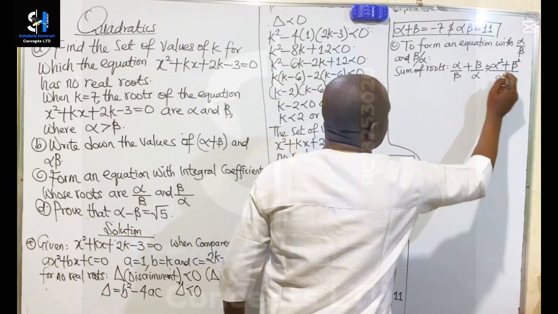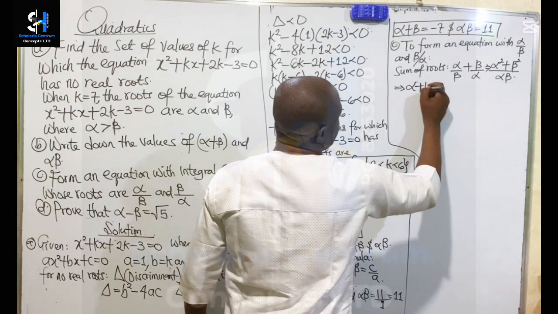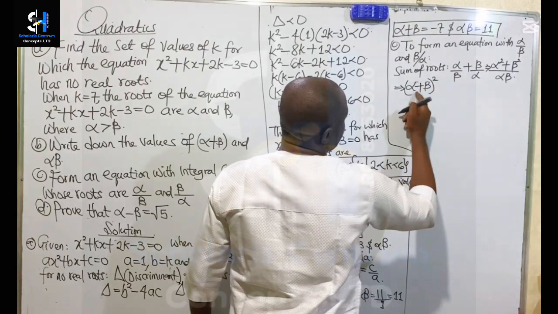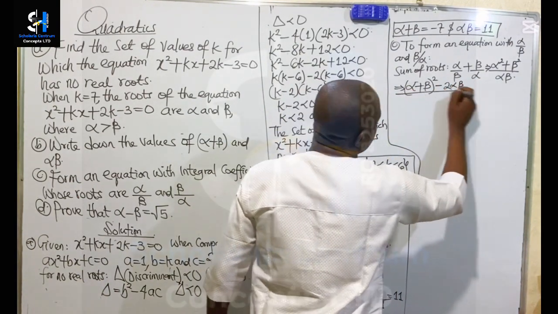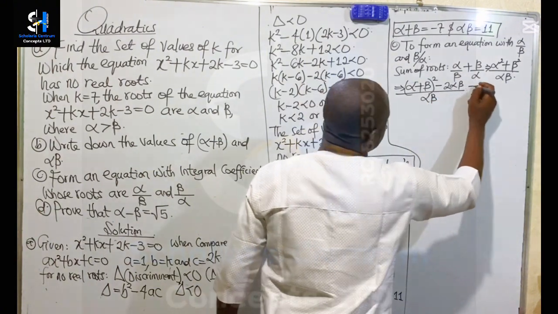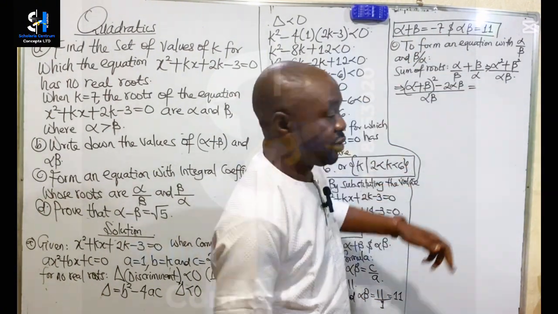And this can be further simplified to the square of the sum of alpha and beta, minus 2 alpha beta, over alpha beta.